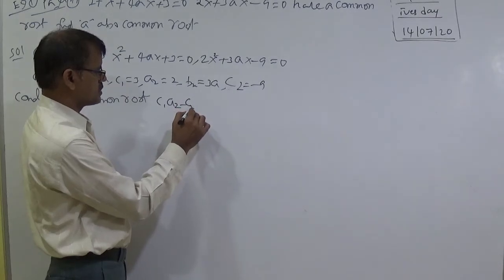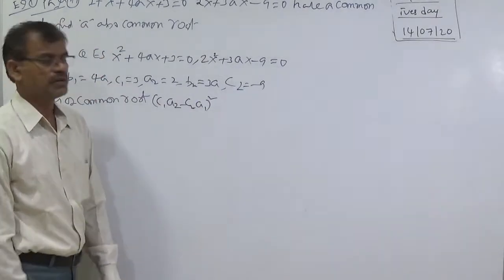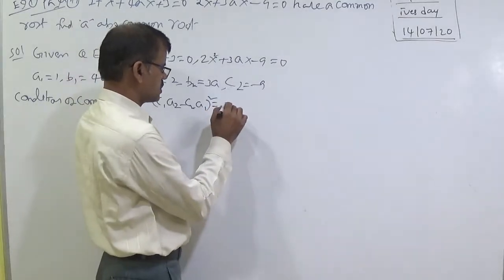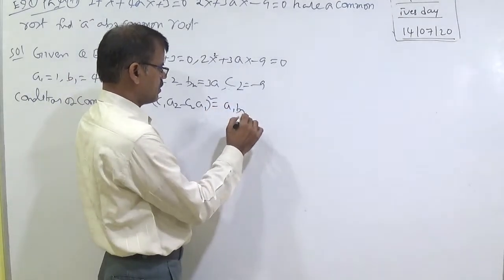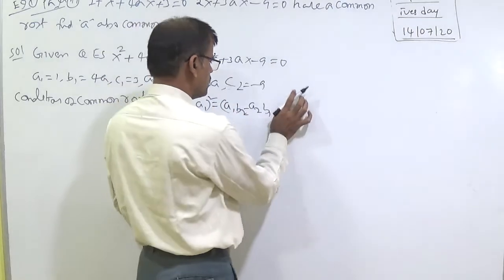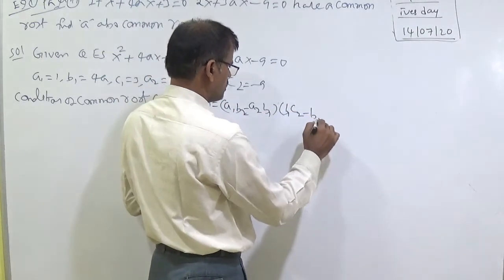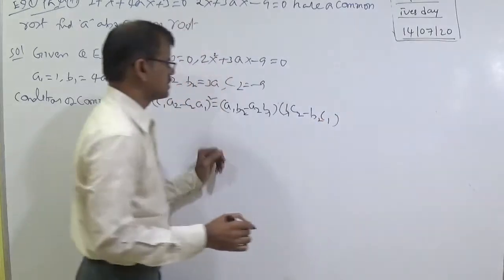(c1 a2 minus c2 a1) whole square is equal to (a1 b2 minus a2 b1) into (b1 c2 minus b2 c1).